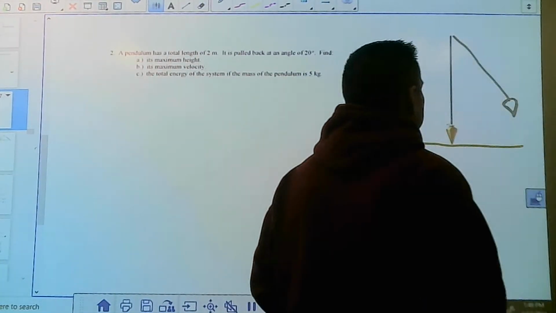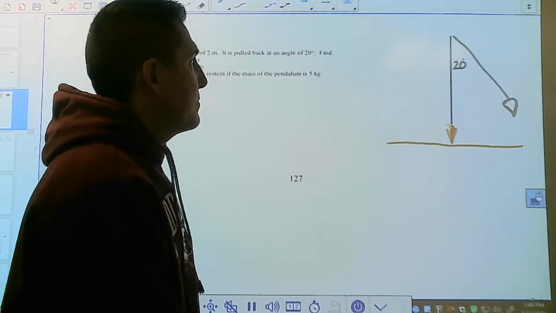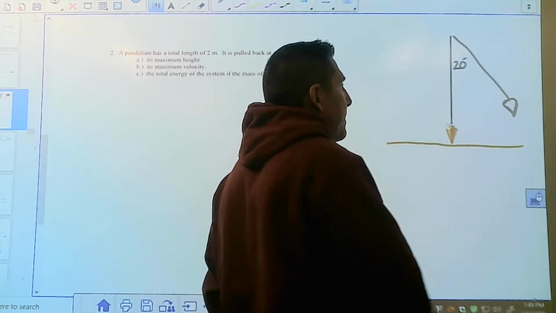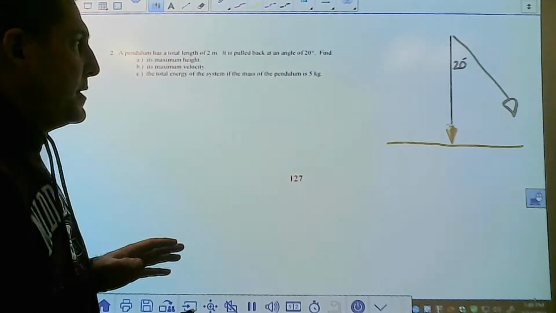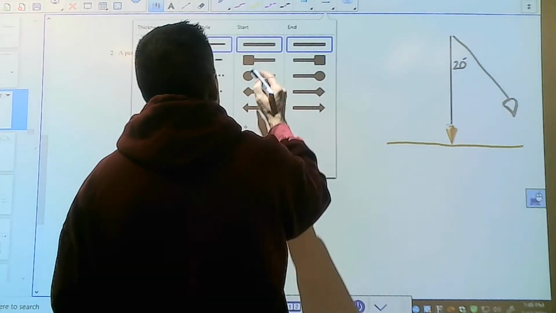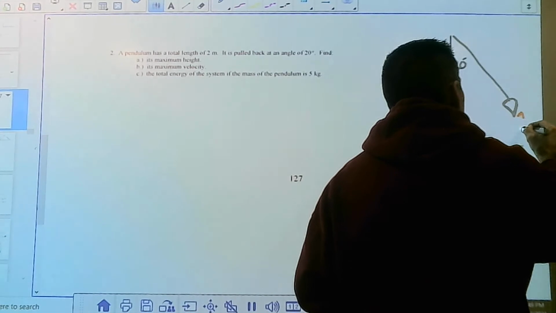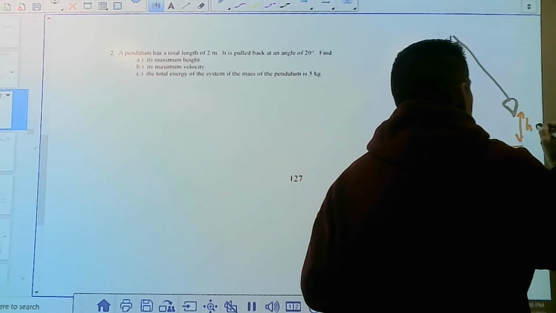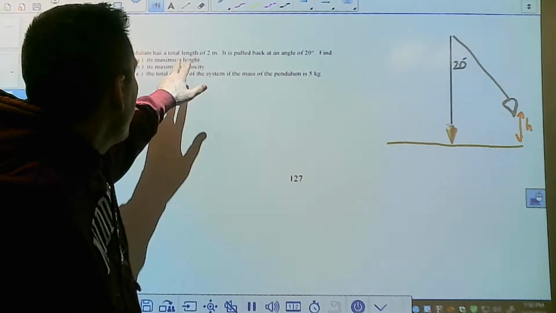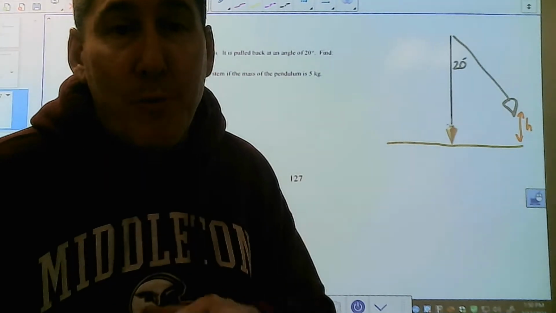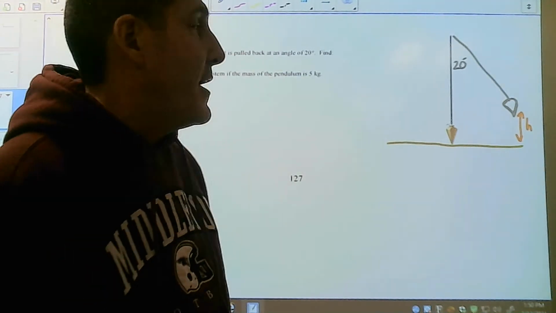And there's my pendulum, pulled back 20 degrees. On my picture, I know what the height would be. I can sketch that. My height is going to be that much above the ground. That's the value I have to find for part A. And once I find that value, the other things being asked for are going to be easy to find.